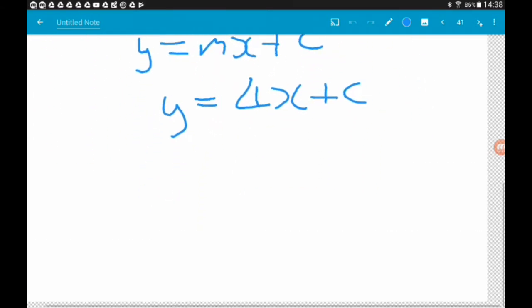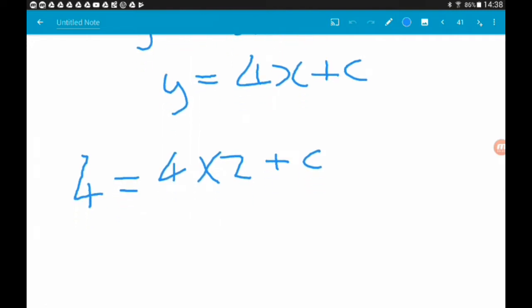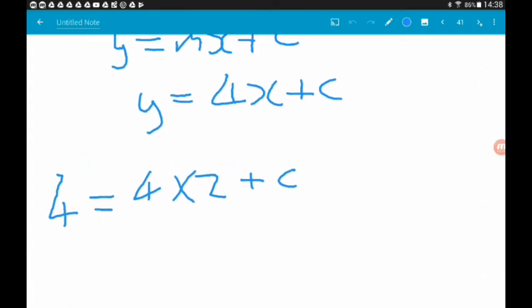If we substitute those in, we get 4 is equal to 4 times 2 plus c. Now 4 times 2 is 8, so we've got 4 equals 8 plus c. If we take away the 8, we get c equals minus 4.